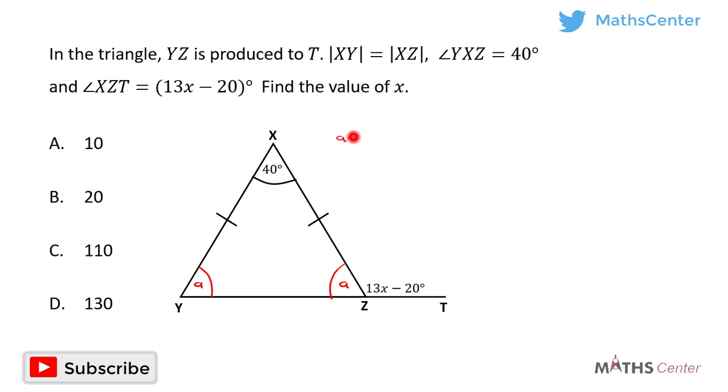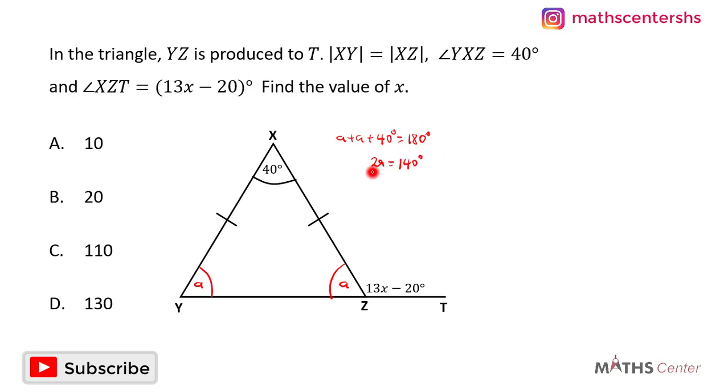So A plus A plus 40 degrees will give us 180 degrees. A plus A will give us 2A. When we send 40 over to the right hand side, we will have 180 degrees minus 40 degrees, which will give us 140 degrees.